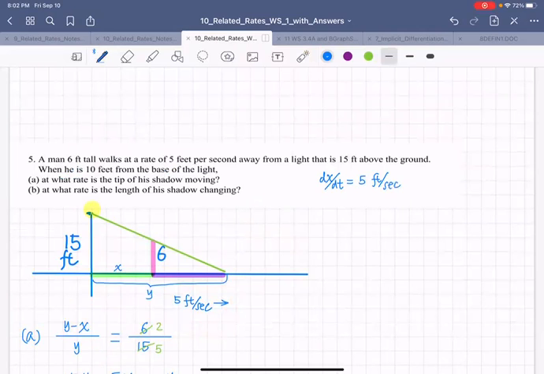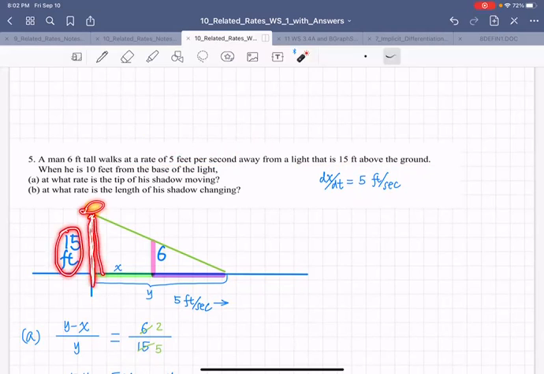Okay. Now we know that we take care of the first part. And the light is 15 feet above. The light is 15 feet above. This is 15. So far, so good. Yes. You draw this one. 15 is a fixed one.